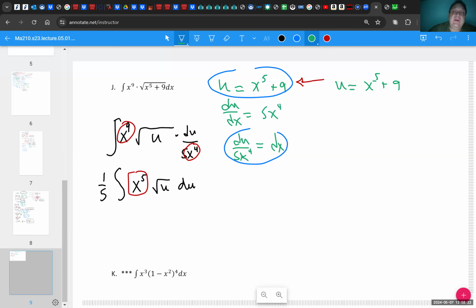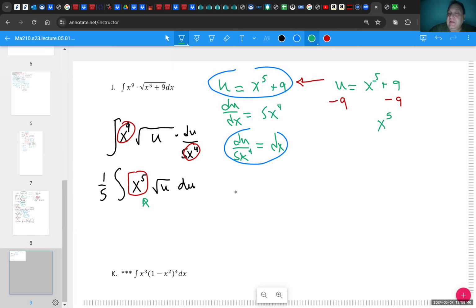We can do algebra on this equation. It's an equation. I can add 7 to both sides. I can multiply both sides by 2. I'm not going to do either of those things. I am looking to see what x to the 5 is. There's my x to the 5. So I'm going to subtract 9 on both sides. If I subtract 9 on both sides, on the right-hand side, I have x to the 5.